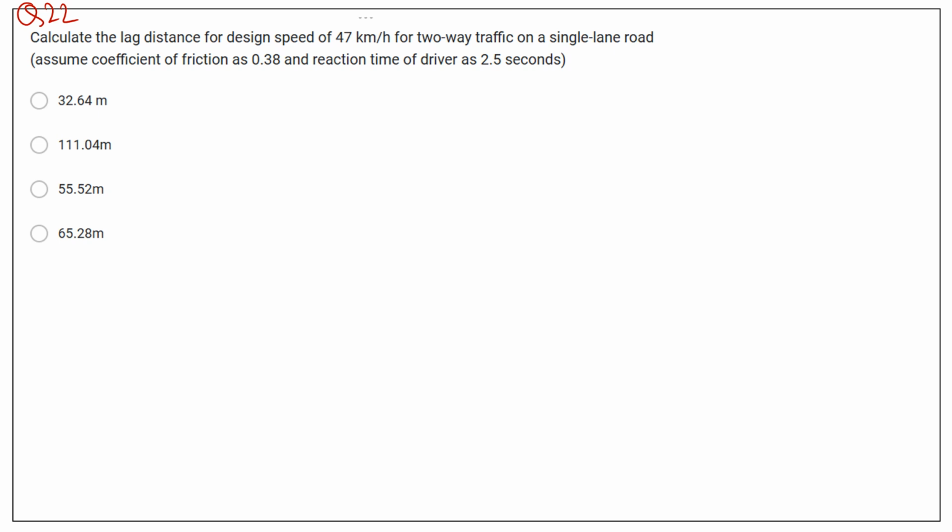Calculate the lag distance for design speed 47 km per hour for two-way traffic on a single lane road. Assume coefficient of friction is 0.38 and reaction time of driver is 2.5 seconds.